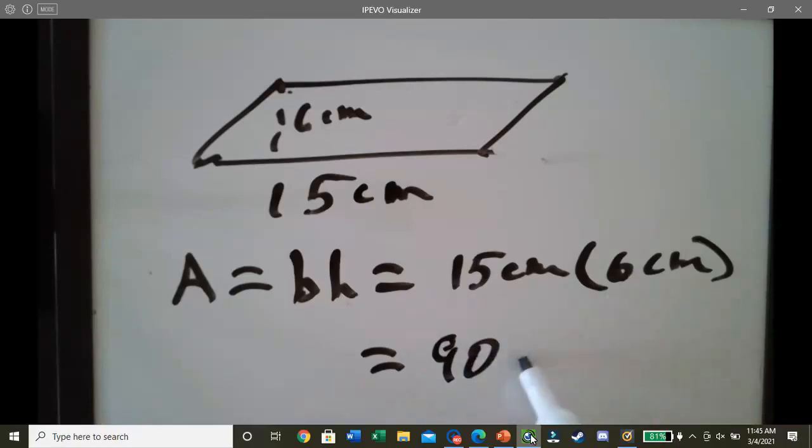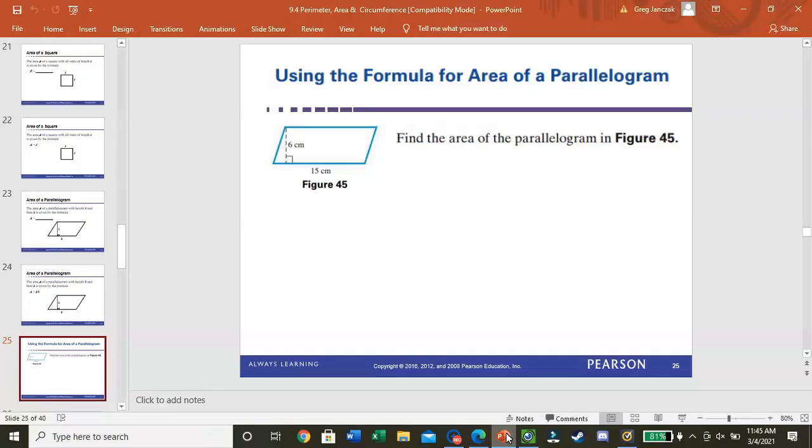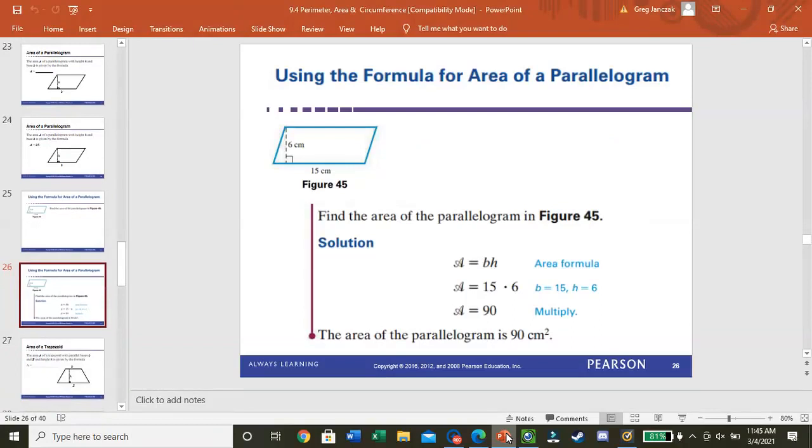And centimeters times centimeters is centimeters squared. Questions there? 90 centimeters squared. And that's our area.